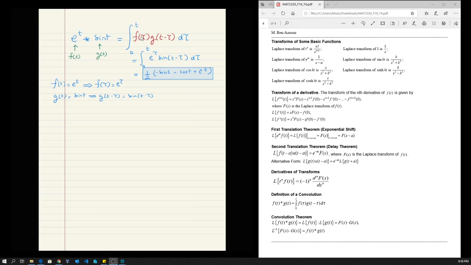All right, now, how about the convolution theorem? Again, assuming that f and g are both functions that are piecewise continuous on 0 to infinity, and they have to be of exponential order.